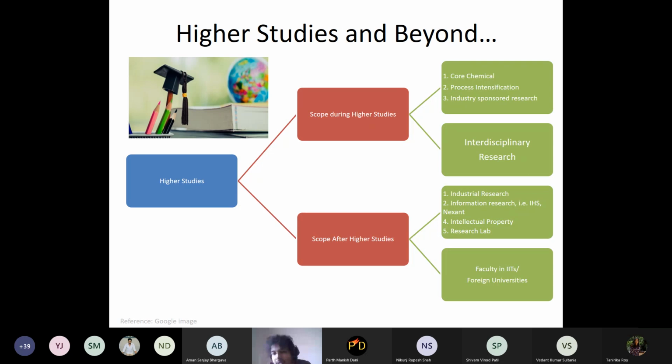There are spaces to explore, but here we have an interesting topic called process intensification, where basically you merge the unit operations and make an intelligent unit operation process, a hybrid process, which can have better efficiency, and the cost actually comes down because you merge the unit operations.